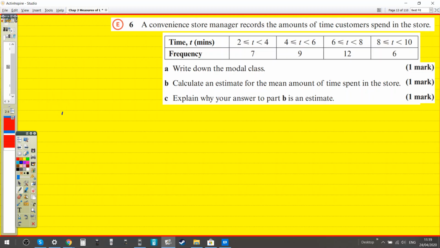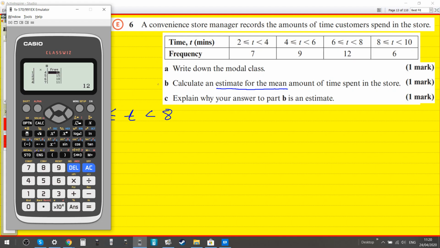So that would be 6 to 8. T is between 6 and 8. How do we do an estimate of the mean? I just do the middle of the time. Yep.